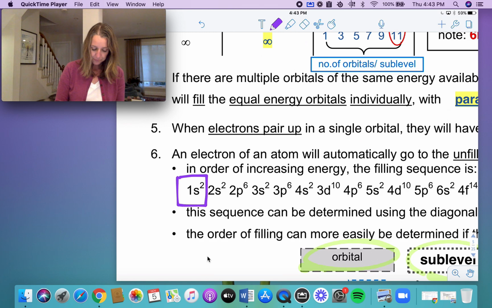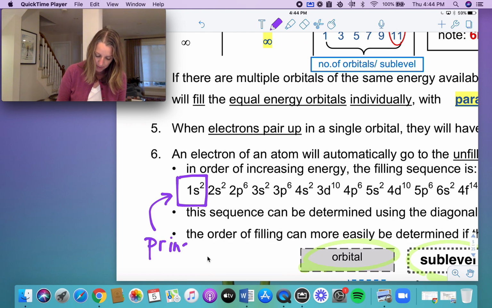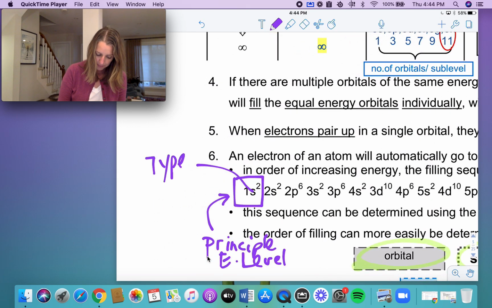But remember, no matter how you do it and how you represent it, the number 1 at the first shows you the principal energy level. The s represents the type of orbital.